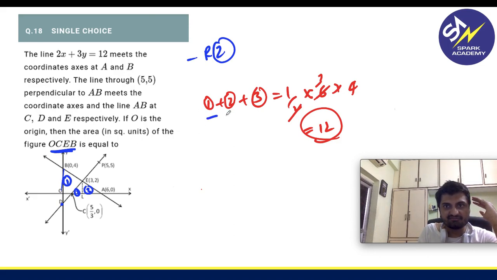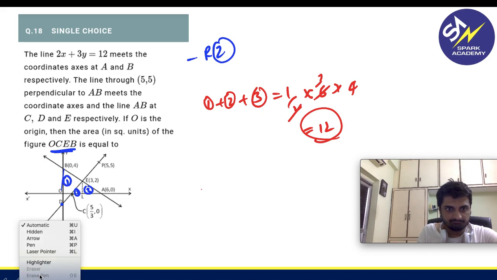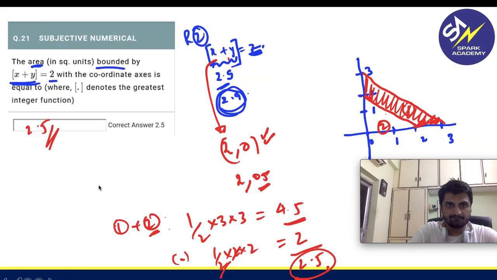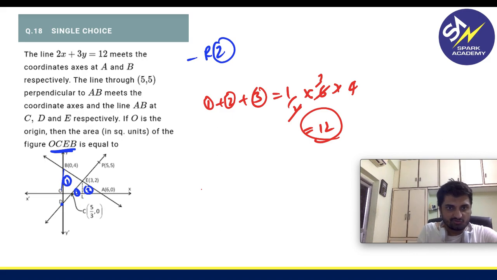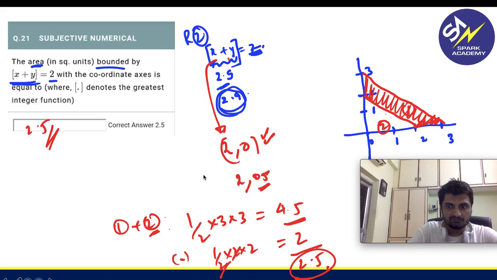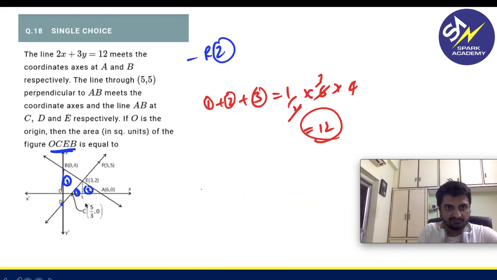Now have a look at this sum, 1 plus 2 plus 3. So total portion, I am getting it as 12, right? So total this portion, I am getting it as 12.